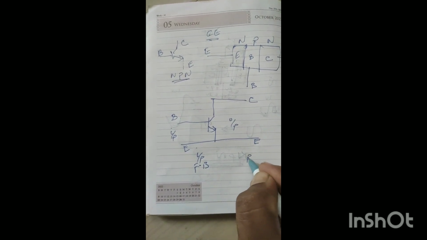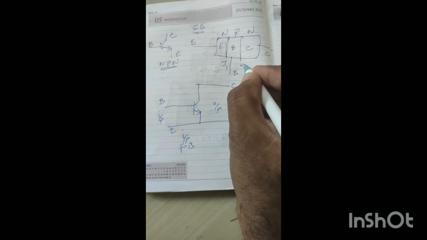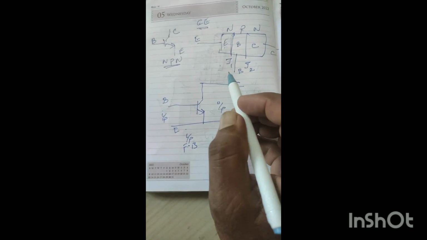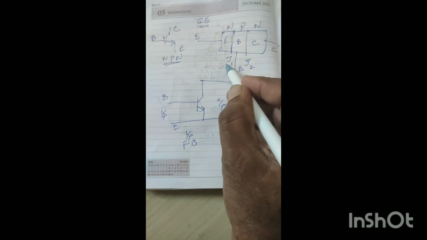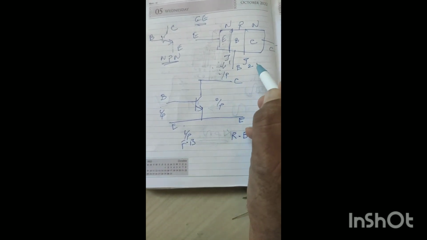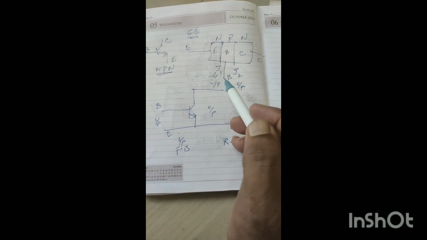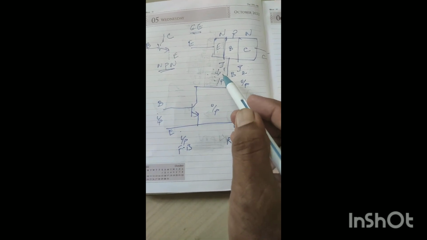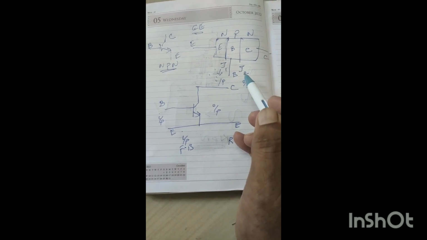The output port should be reverse biased. There are two junctions in the transistor layer diagram, the J1 junction and the J2 junction. In the common emitter configuration, J1 is the input junction and J2 is the output junction. So we should make the input junction J1 forward biased and the output junction J2 reverse biased.